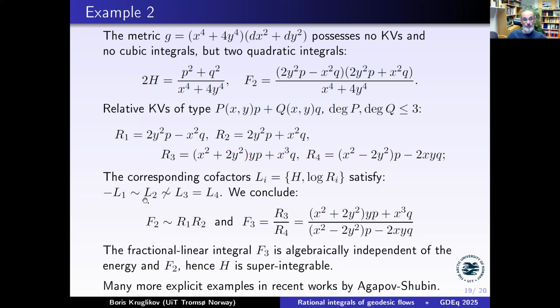And then L3 is equal to L4. L2 is not even cohomologous to any of them, but it's cohomologous to minus L1. Okay, and this allows us to produce new integrals. And so we can get integral F2 by multiplication and multiplying by some function of x's, and also doing division here.